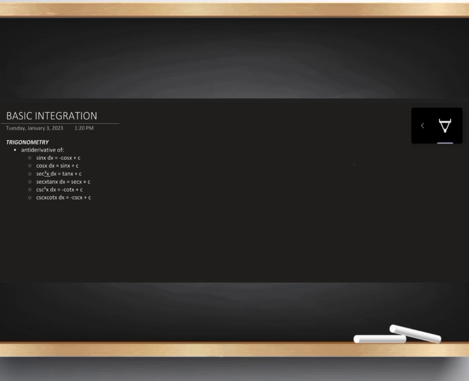So for our second problem, we have the integral of secant x times cosine x plus tangent x dx. So before we get the integral of this problem, we can see that we can distribute secant x to cosine x plus tangent x.